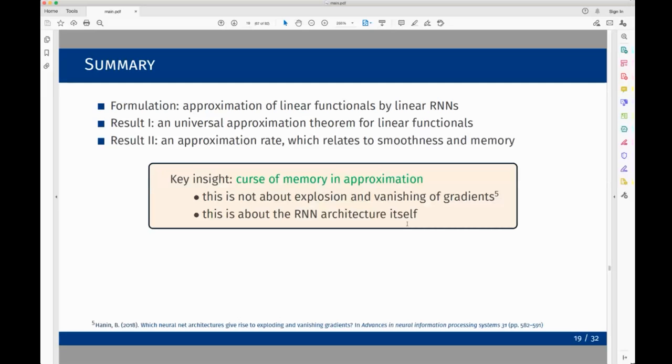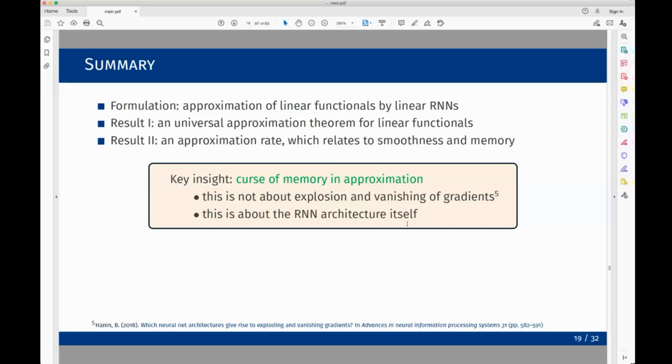You can see this curse of memory is not about the usually discussed explosion and vanishing of gradients. The explosion and vanishing of gradients is about optimization problems. Here we only stand at the perspective of approximation.